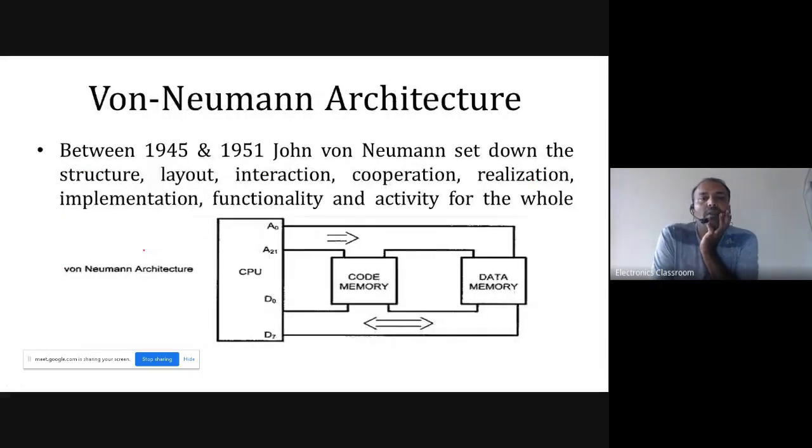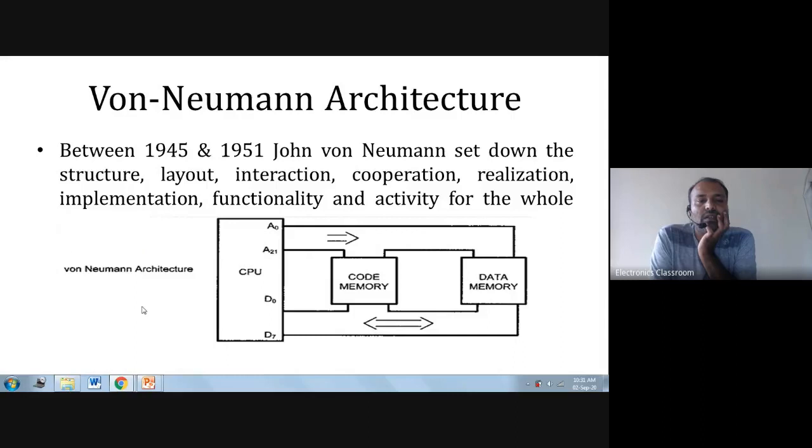So we will see von Neumann architecture. What is von Neumann architecture? The history of von Neumann is between 1945 and 1951. John von Neumann set down the structure or layout, interactions, cooperation, realization, implementation, and functionality for a full instruction mechanism.